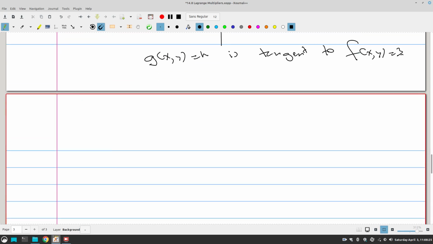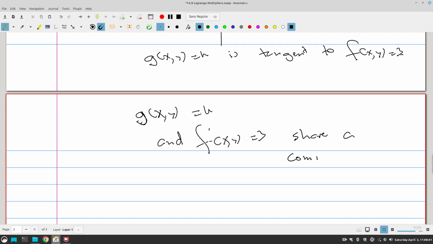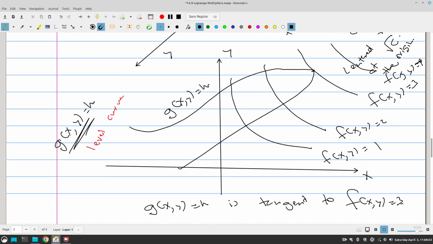So g of xy equals k and f of xy equals 3 share a common tangent vector.